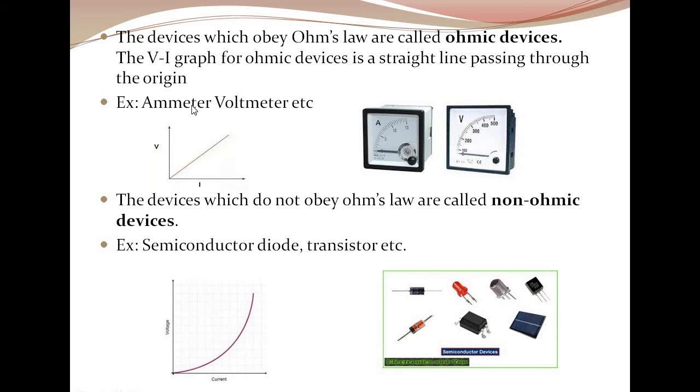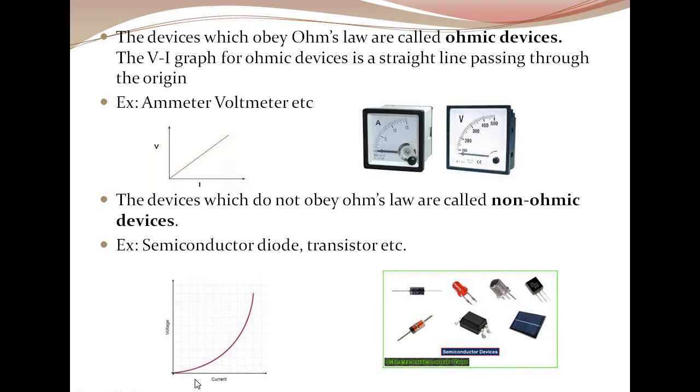For example, an ammeter, which measures the current, and a voltmeter, which measures the voltage. These we call ohmic devices.